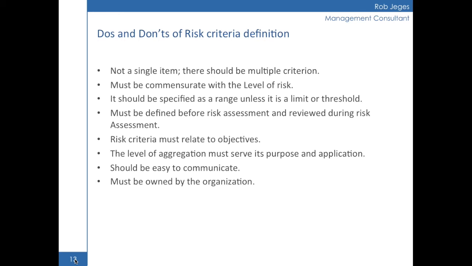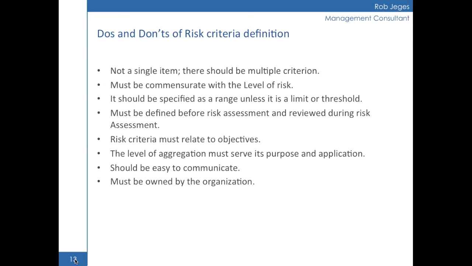The second very important thing is that risk criteria is going to be used as a reference when we move on to level of risk. So we need to use the same units because we are going to compare. So we have to have that in mind when we define risk criteria. The third thing to consider is that usually we are dealing with uncertainty, so we should specify a range.